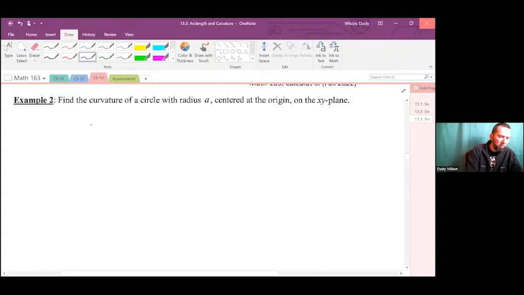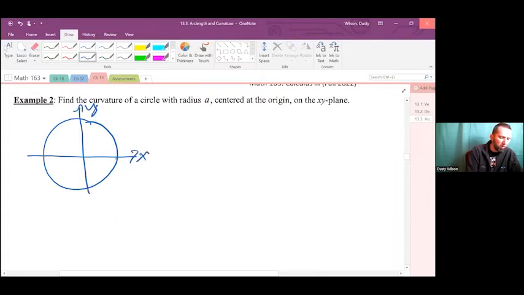So if we have a circle on the xy plane with radius a, and we're going to try to find the curvature of this. So we need to parameterize with some r of t. And so we can parameterize this with a cosine t, comma a sine t.